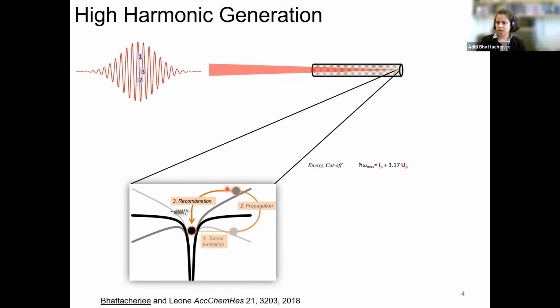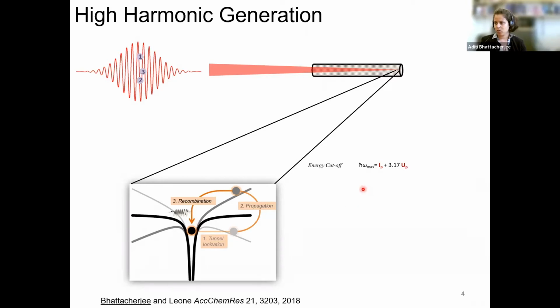And finally, when the laser field reverses sign and crosses zero, there is a finite probability of recombination with the parent ion. And if recombination happens, then it can release all of the energy that it acquired in the field as a short pulse of light in the extreme ultraviolet or soft X-ray.